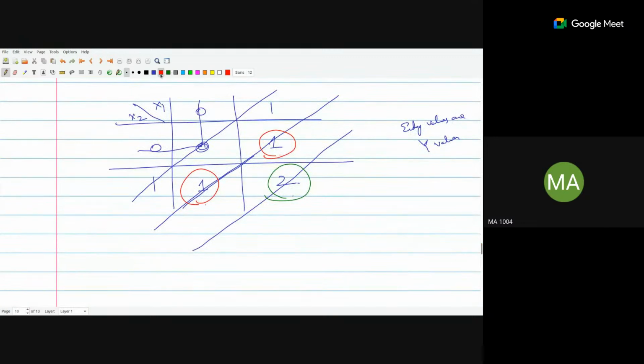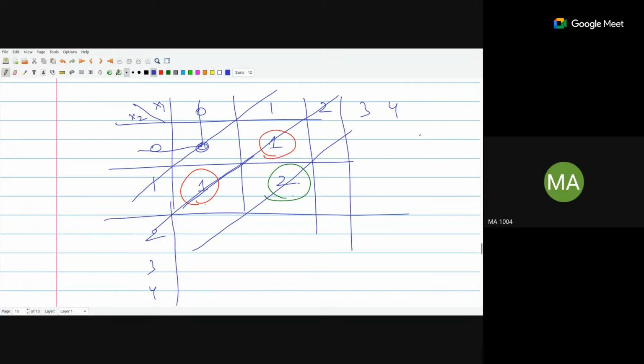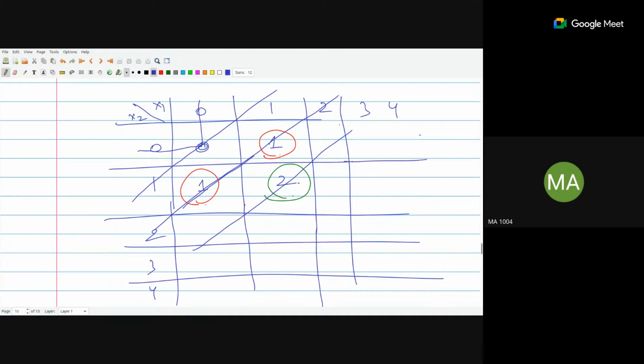So if I say here itself, I am writing, if x1 takes something like 2, 3, 4, and x2 takes 2, 3, 4, something like this. Now writing it like this will help you much better. So you see now 0 plus 2 is 2, 0 plus 3 is 3, 0 plus 4 is 4, 1 plus 2 is 3, 4, 5.